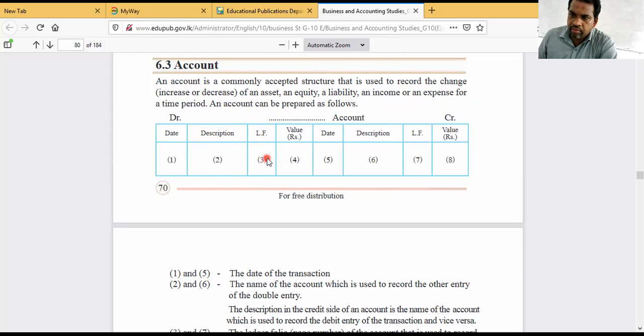In this column, we normally record the page number or place where we record the opposite entry of the transaction. That means when you debit this account, we mention the page number where we record the credit entry. With the credit side ledger folio, we mention where we record the debit entry, the page number or the page.